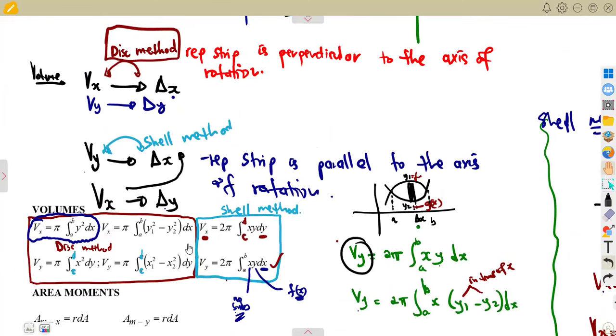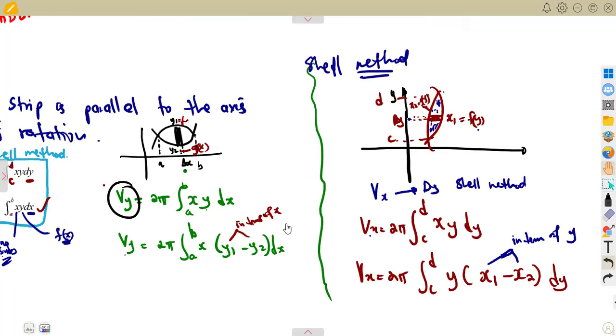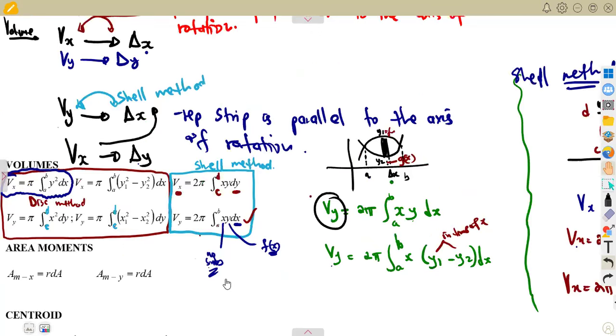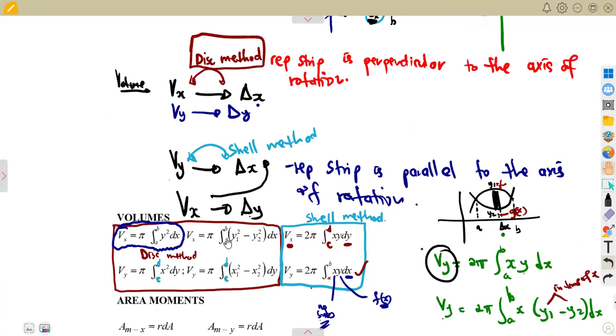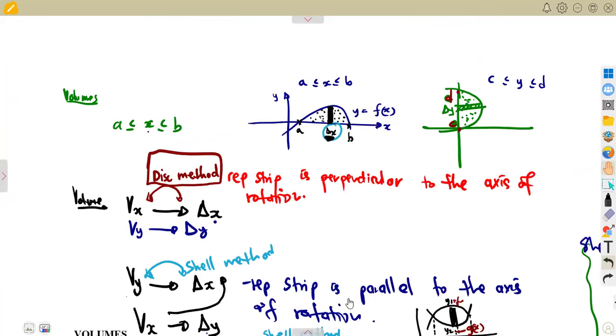These ones are for the disk. These two are for the shell method, but you can make adjustments when they are found between two given curves like this. For the disk method, I'm not worried about it because it is the major method that we had in our N5.